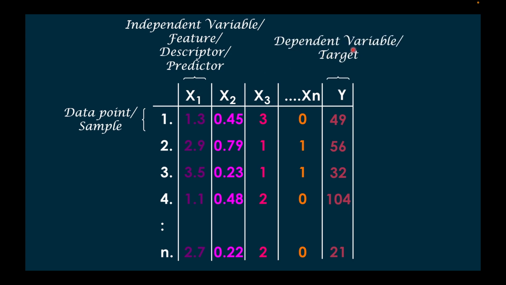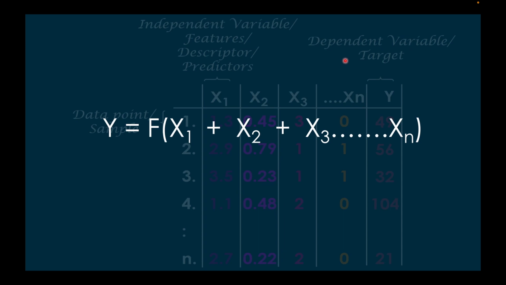Finally, we have a dependent variable or target. Here, y is a function of the independent variables x1, x2, x3, and so on. And the regression model is a linear approximation of this function.